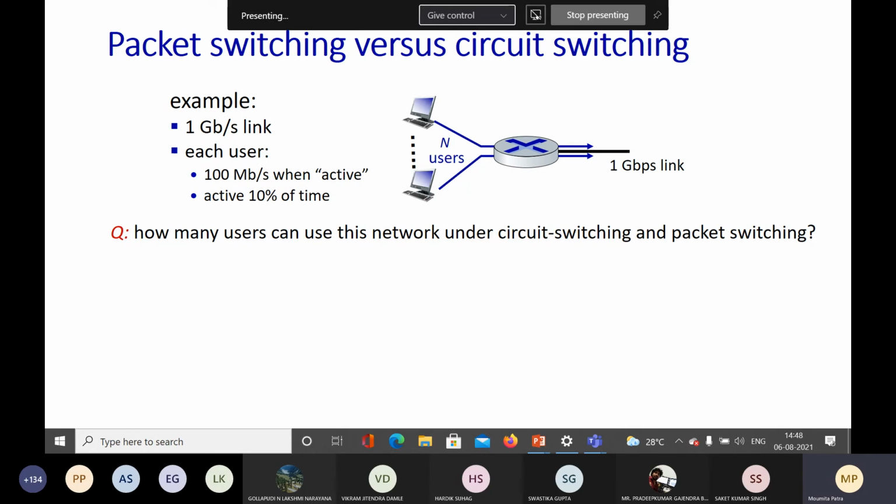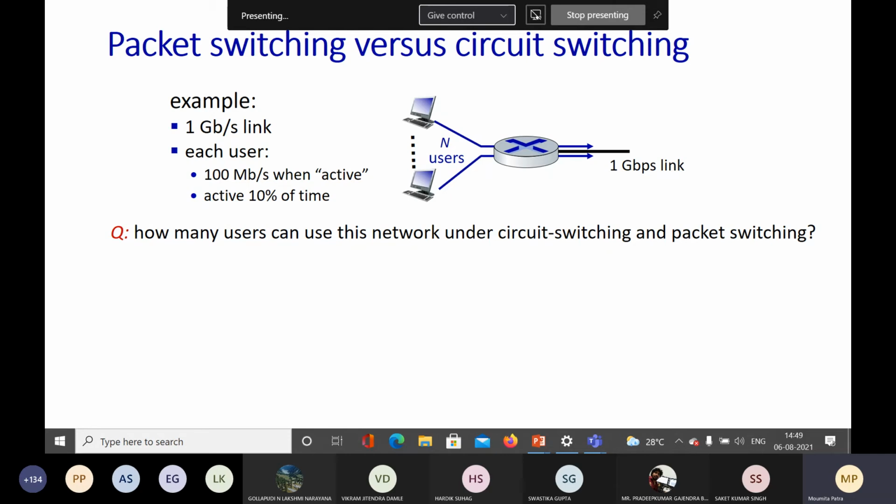So I have to wait until my slot comes again. So that will be the delay that will be added, right? If I am a user, I do not want any delay in my communication. I would want to lower it as much as possible. So that is one problem.